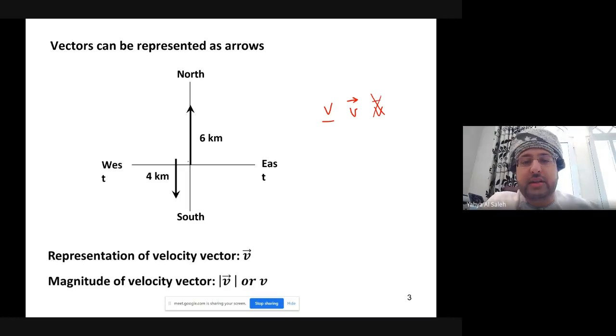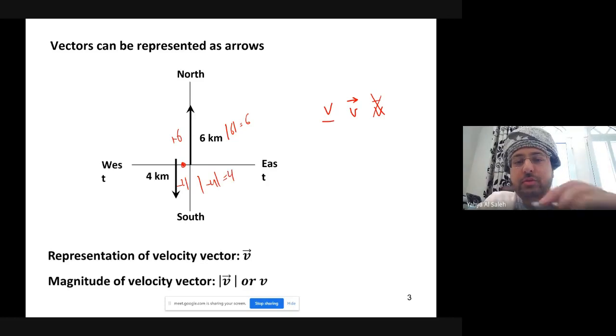Now, if I'm starting here, 6 kilometers north would be +6, and 4 kilometers south would be -4. But the magnitude of 6 is equal to 6, and the magnitude of -4 is equal to +4. So the magnitude is always a positive number.